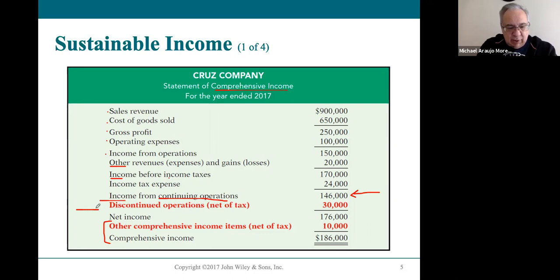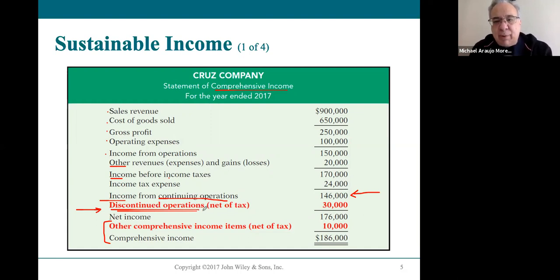The first thing you notice here is in red, something called a discontinued operation. So to have a discontinued operation, you either sell off a division or a product line that you made to another company. So you're not making it anymore, you're discontinuing doing it. Or you close down a part of your business, you discontinue it.